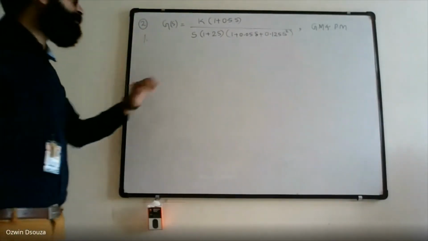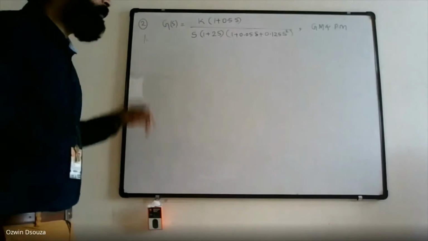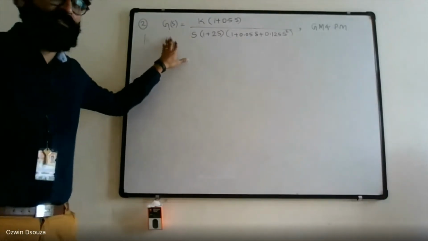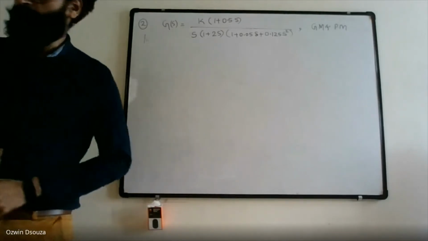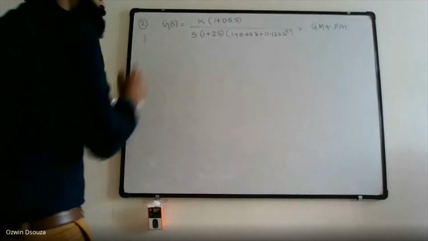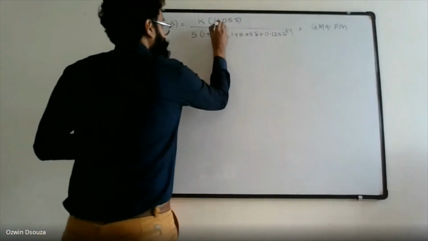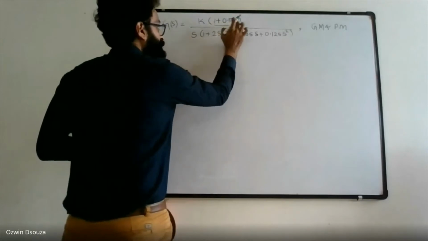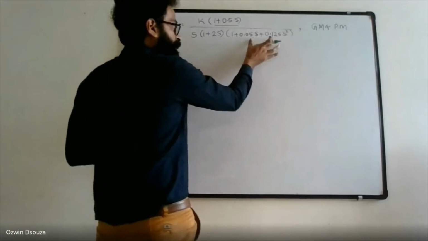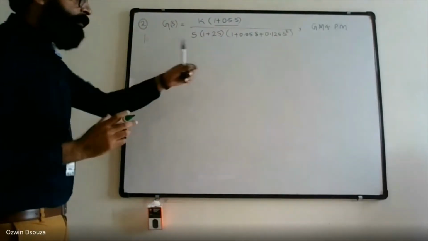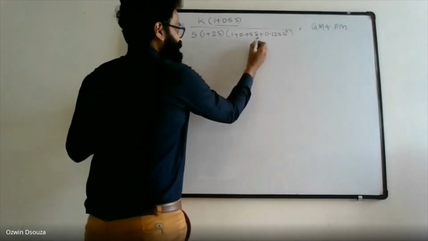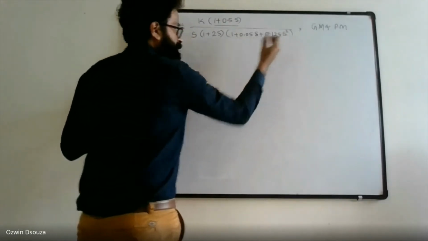Now, first of all, what you have to observe from the given open loop transfer function is whether it is expressed in time constant form or not. If you look closely, you can see that the given open loop transfer function is expressed in time constant form. You can see 1 plus sT divided by 1 plus sT. You can also observe that the quadratic factor is also kept in time constant form, 1 plus sT plus T into s squared.